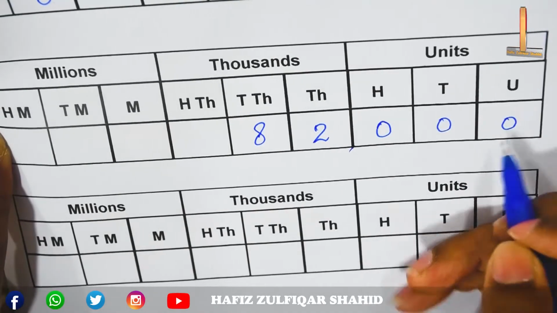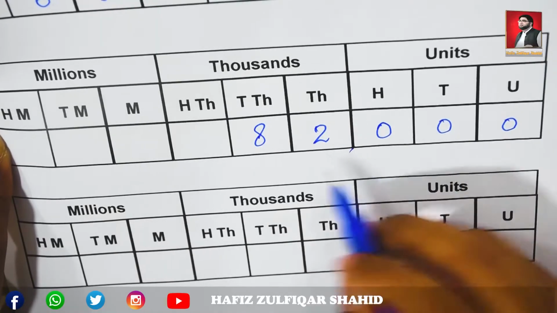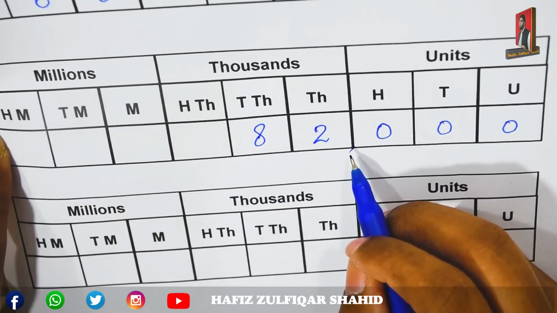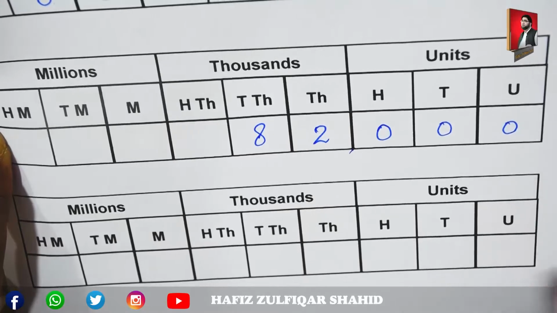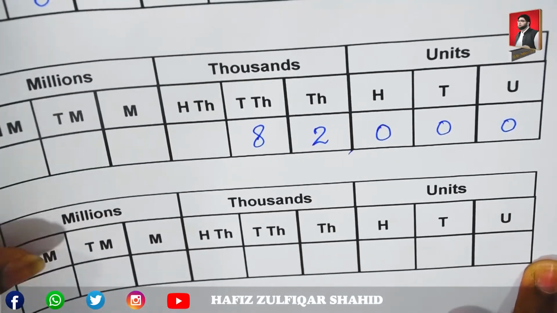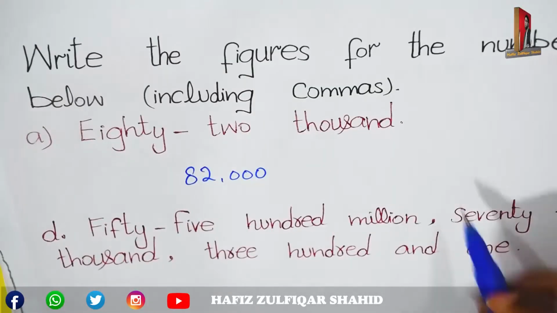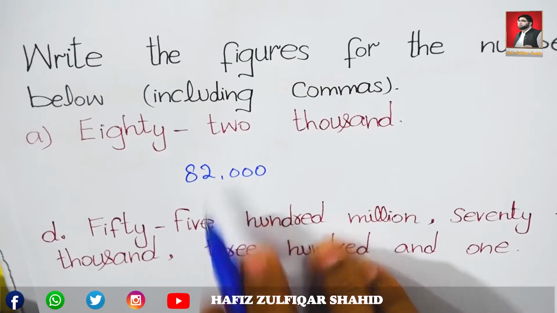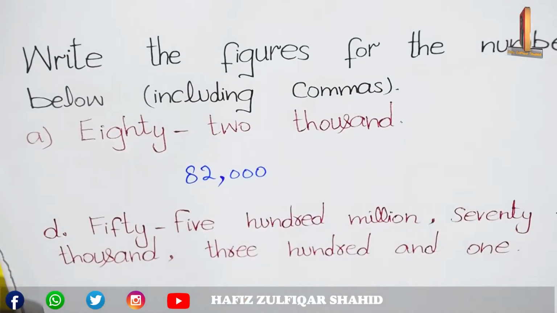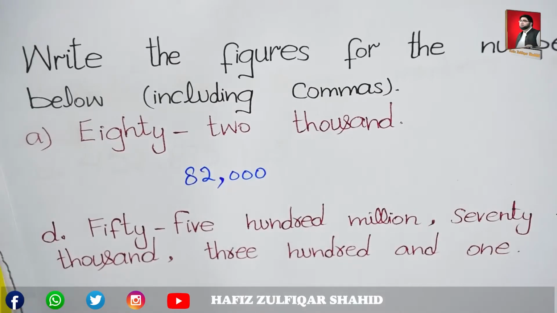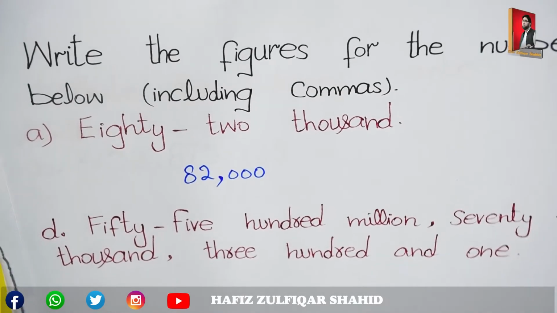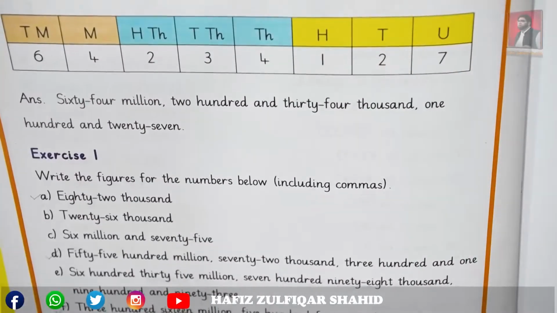Now we know that after 3 digits we have to put a comma. See from the unit side, and after 3 digits put a comma. That's the procedure to solve this exercise.